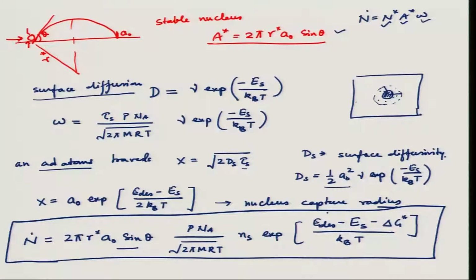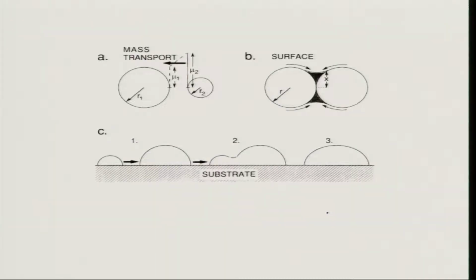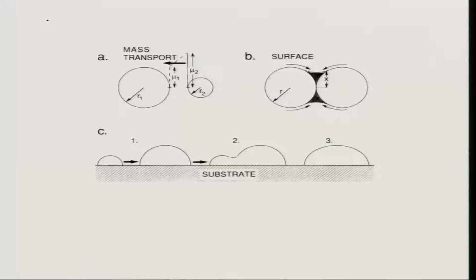Now, one more thing before we end this lecture. These stable nuclei will have to merge together to form a thin film, which we call cluster coalescence. Each one of these is a stable nucleus, but they are growing separately.